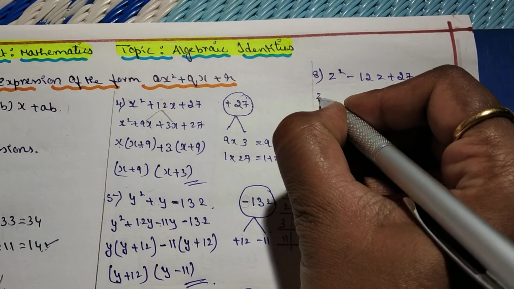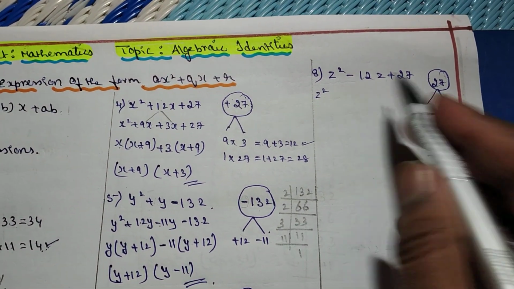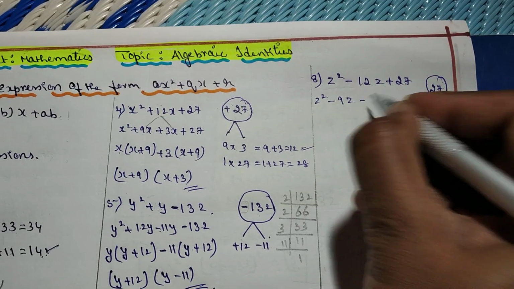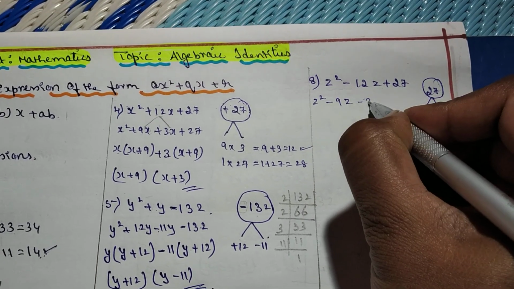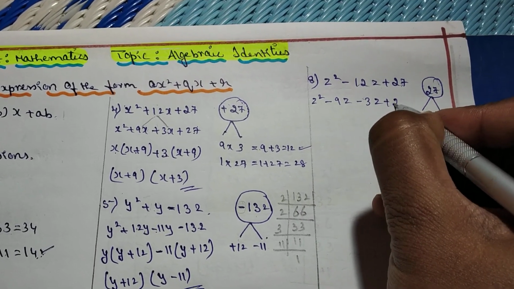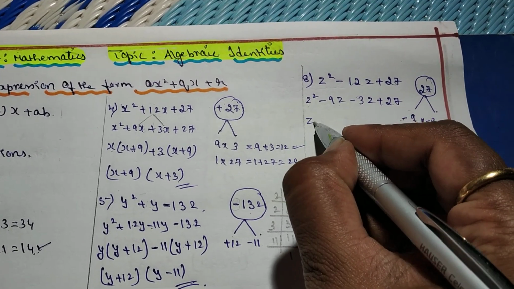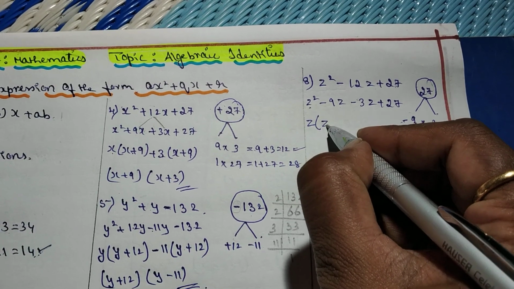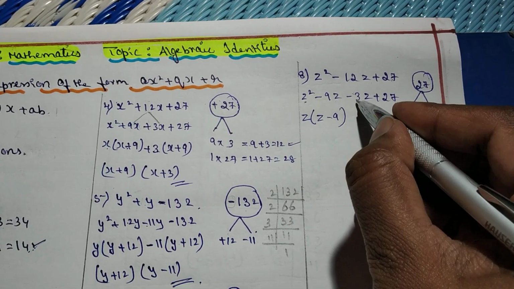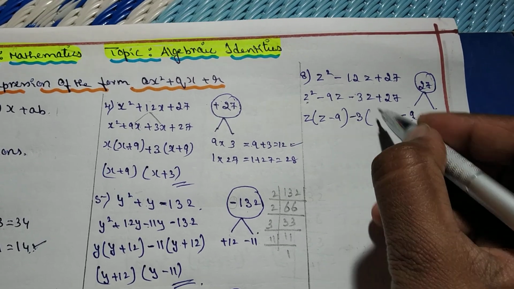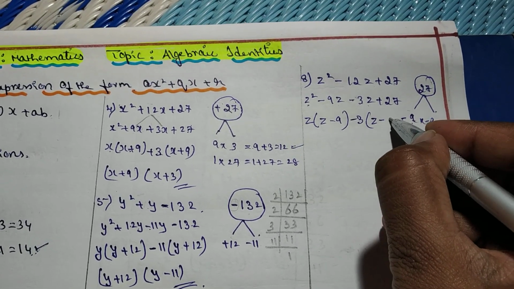So z square and this minus 12z I'll write as minus 9z and minus 3z plus 27. In the first and second terms we have z common. Take it outside, left out is z minus 9. In the third term, we have minus sign with 3 common, left out is z minus 9.